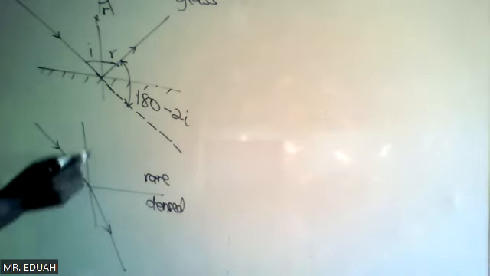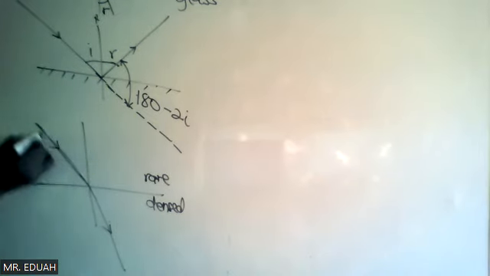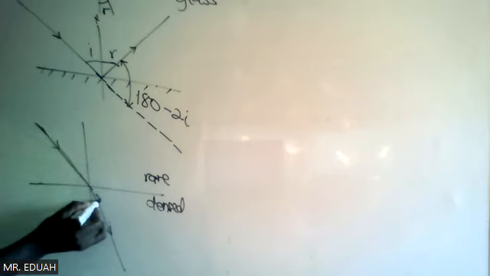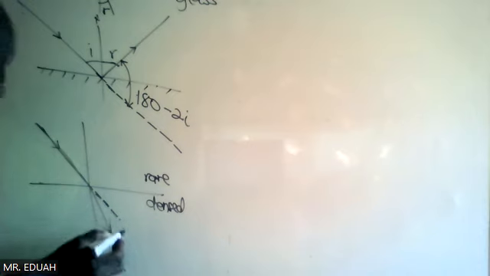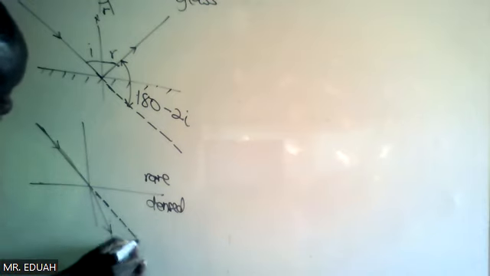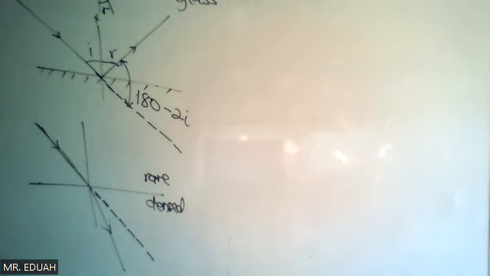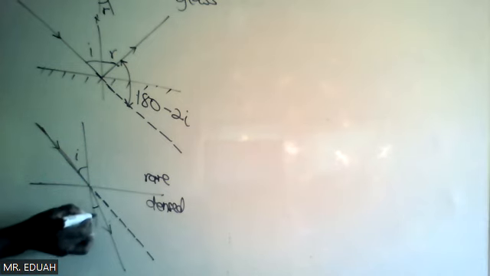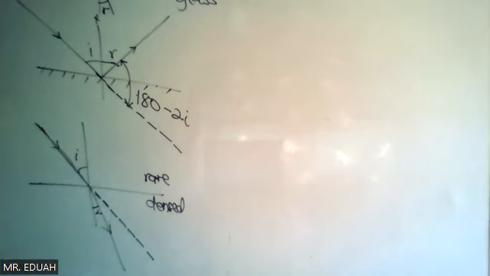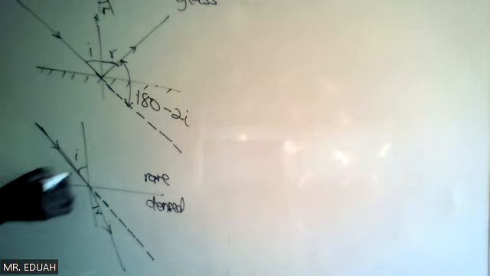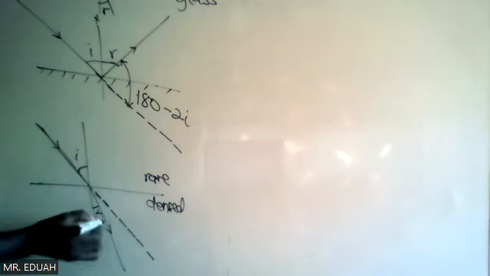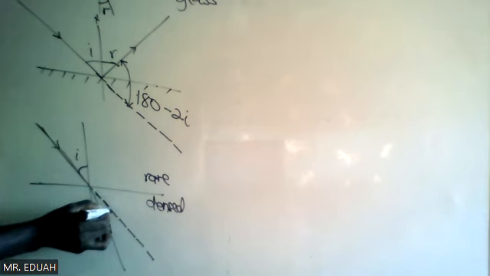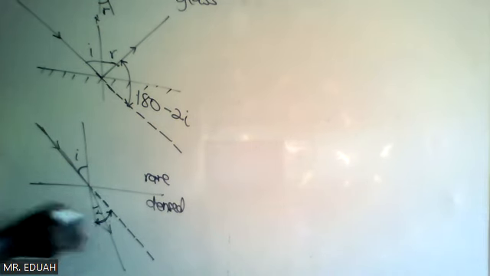Now, if we extend the incident ray, this is the angle of incidence, and this is the angle of refraction. But we can argue that this angle is equal to this angle by the vertically opposite angle rule.